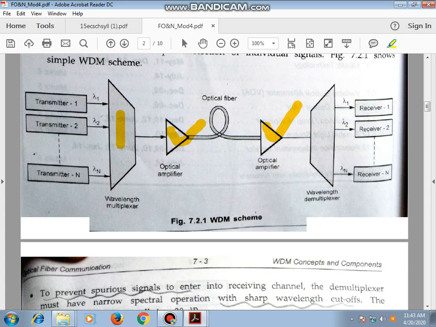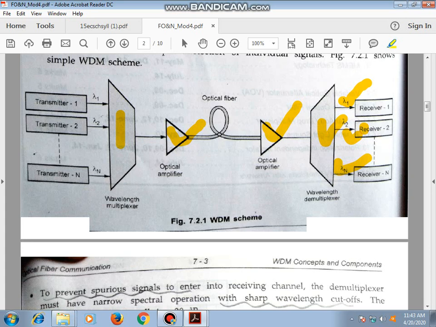All these combined signals can be extracted at the receiver side. Receiver 1 is extracting signals of wavelength lambda 1. Receiver 2 is extracting signals of wavelength lambda 2. Similarly, receiver n is extracting the signal of wavelength lambda n.